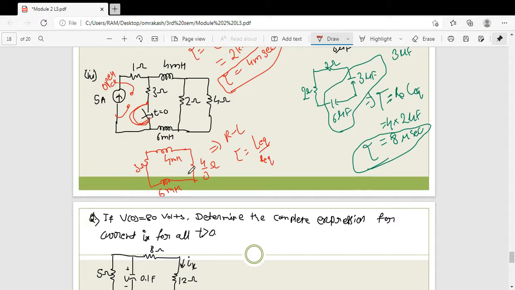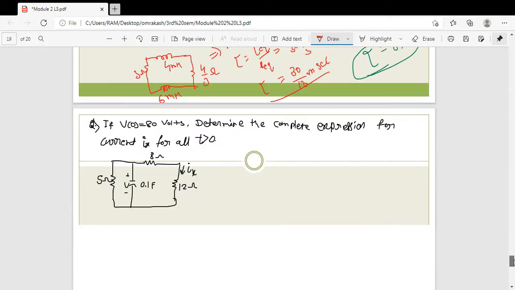What is the L equivalent here? This is in series, so 4 plus 6 is 10 millihenry. And what is the resistance? It is 3 plus 4 by 3. When you solve this, you will get 30 by 13 millisecond. So this is the time constant for this circuit.